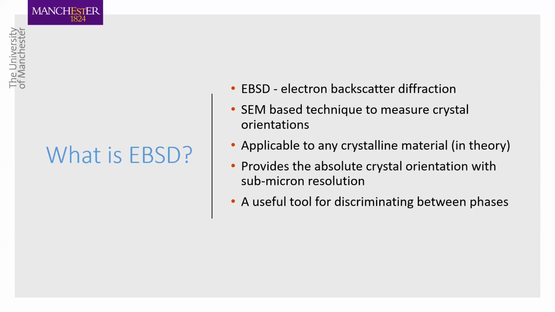But some crystalline materials are so fine that the beam interaction volume is so large compared to the grain size that it can seem amorphous. So they may be crystalline, but EBSD may not be able to resolve it. But where it's within its capability, it provides absolute crystal orientation, and it's in submicron resolution. It's also a useful tool for discriminating between phases.